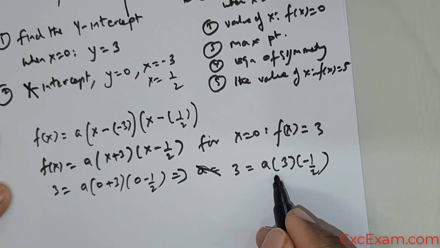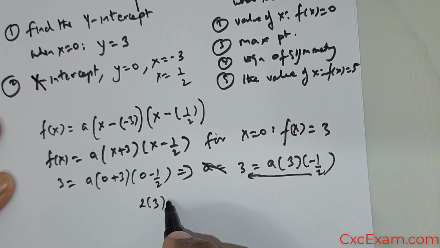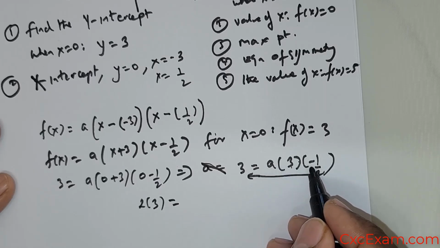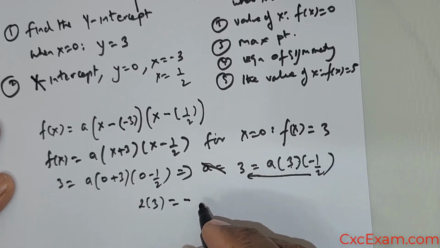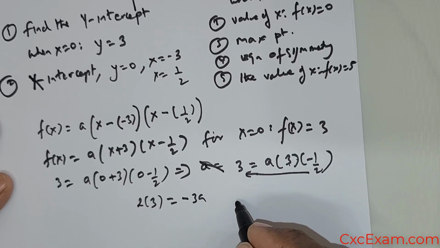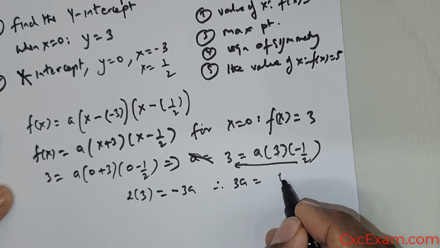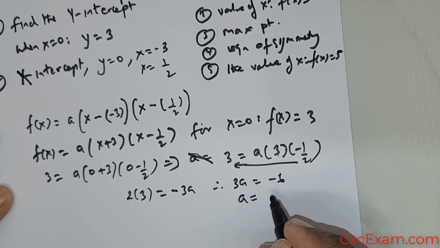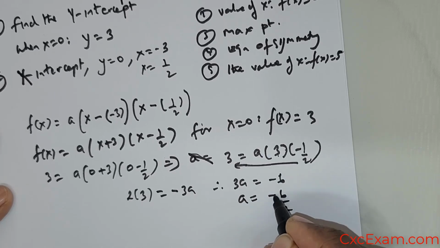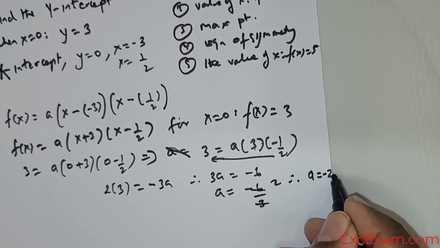I can rewrite this by cross multiplying 2 over here. So 2 times 3 is equal to a times 3 times negative 1. So it's going to be -3 times a. So therefore 3a is equal to 2 times 3, which is 6, but you have a negative sign, so you can retain the negative sign there. So a is equal to negative 6 over 3. 3 divides 6 2 times. So therefore, the value of a is negative 2.